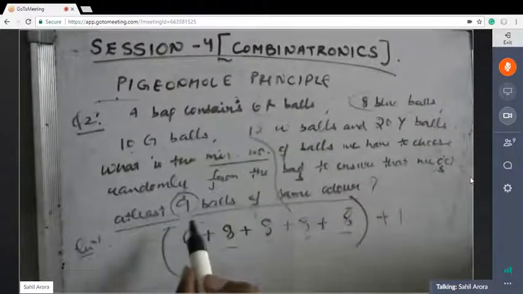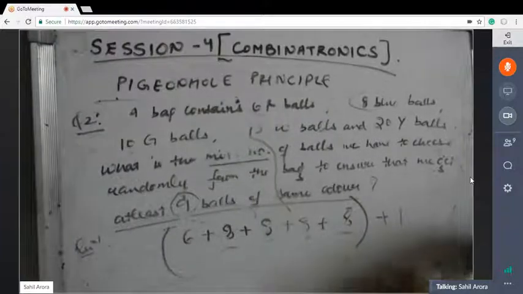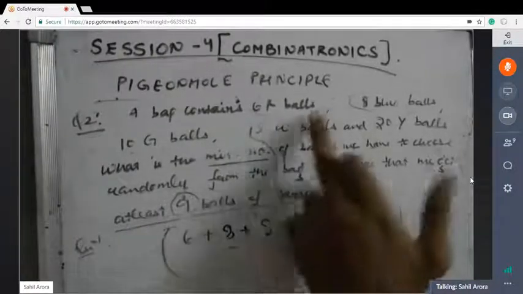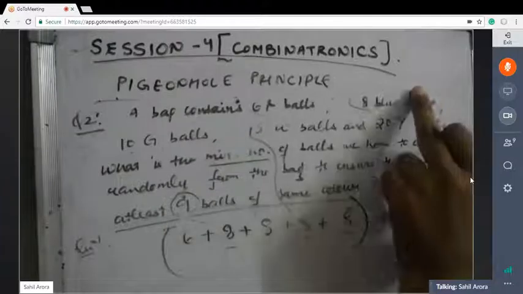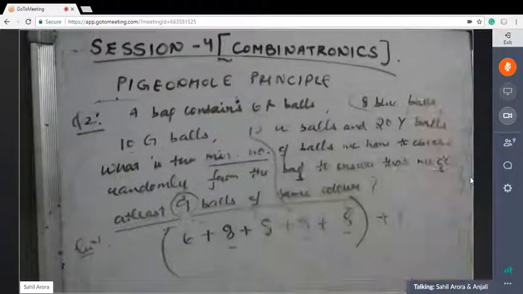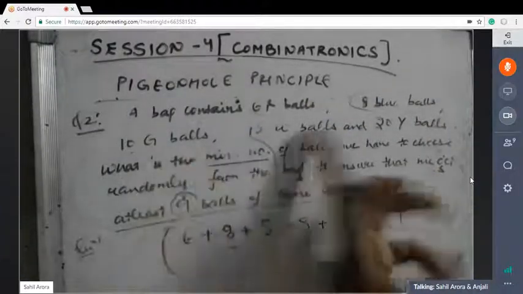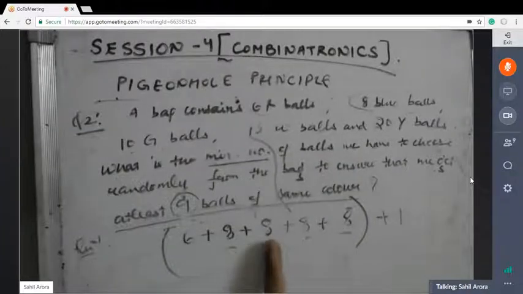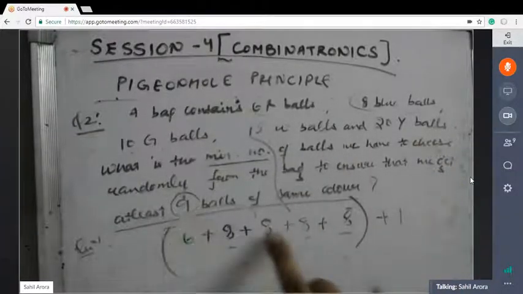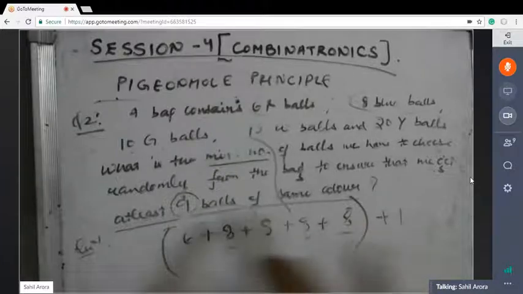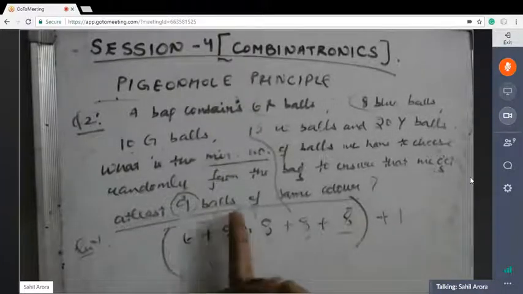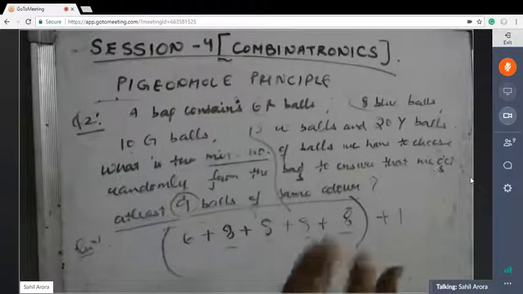So the simple idea is, if you need at least some quantity and the balls you have are less than that quantity, then you add up all those balls together, and from the rest of the balls we take 1 less than that quantity, and then add 1 to it to find the minimum number of balls, right?